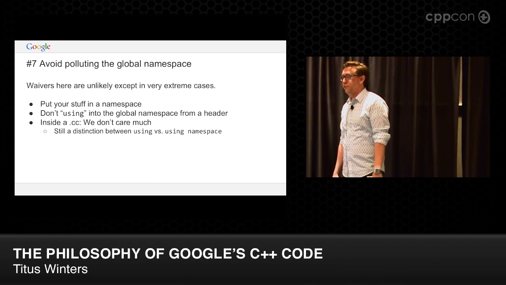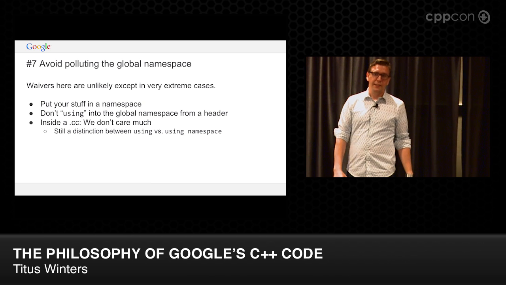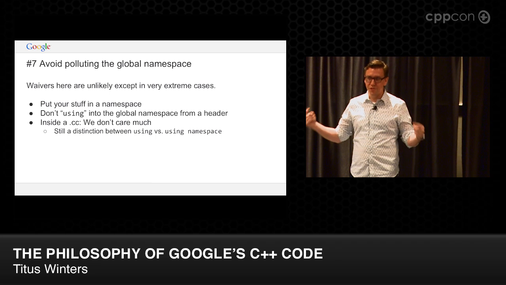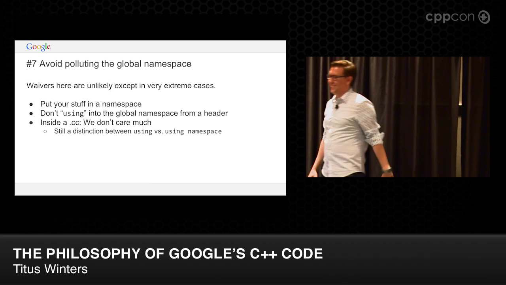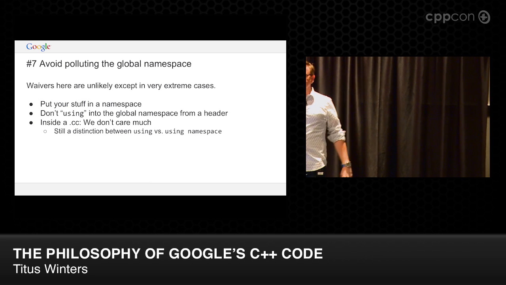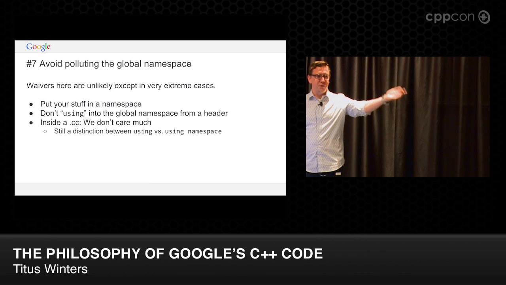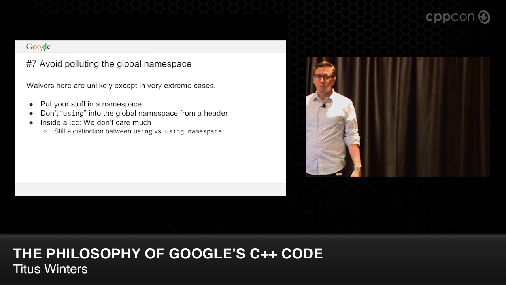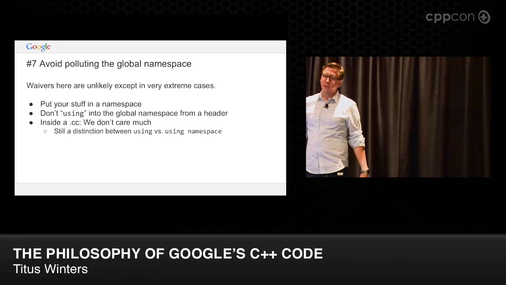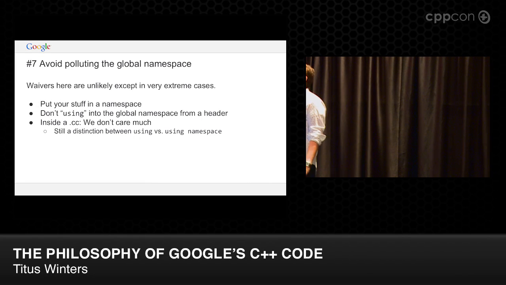We had one instance of a foolish using that held up a compiler release, because changes to lookup required adding an extra include here, and now they conflict, and someone had a bad using in one of those, and we had to do more than 10,000 files worth of cleanup, something on that order. If you want to know how to do that much cleanup, there's a talk about that at the end of the day. Go to Hiram's talk in this room.